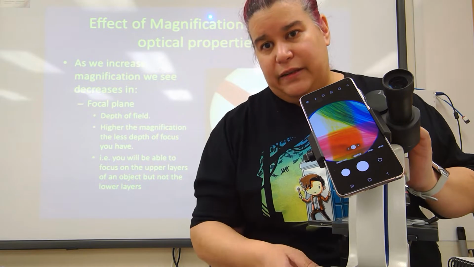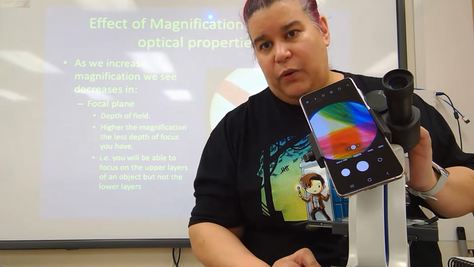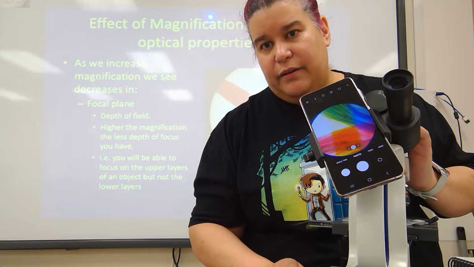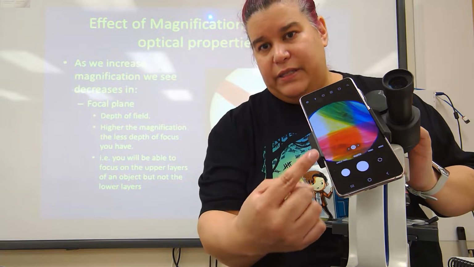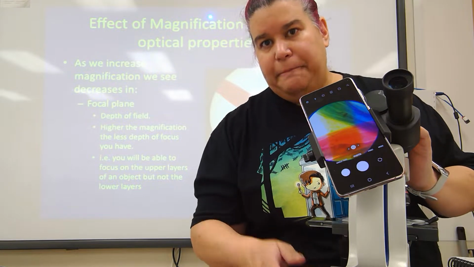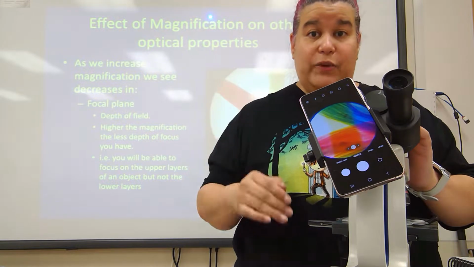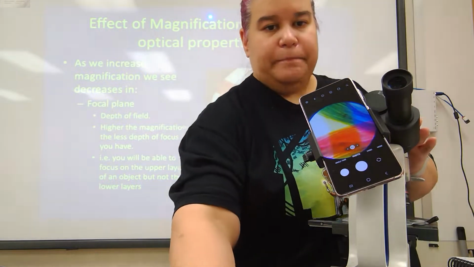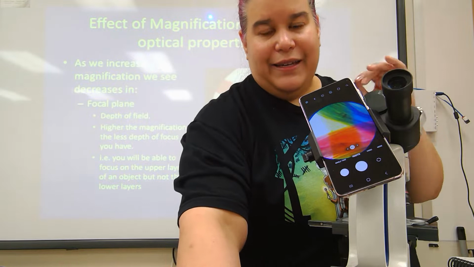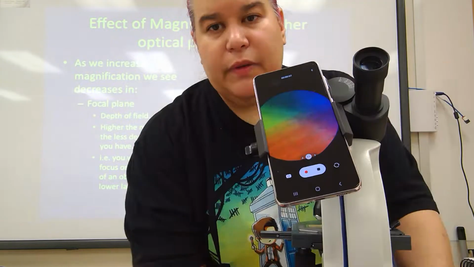You can see the details. But as I keep going, the red comes into focus. Because I'm literally like slicing a ham going through the layers. So that is the focal plane.